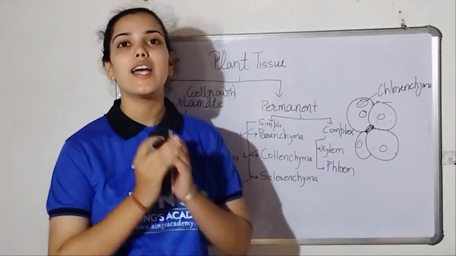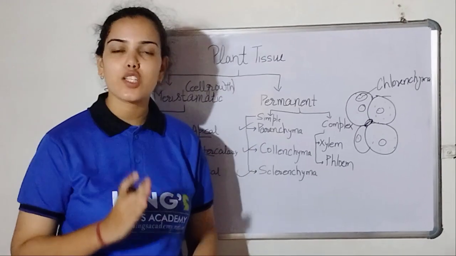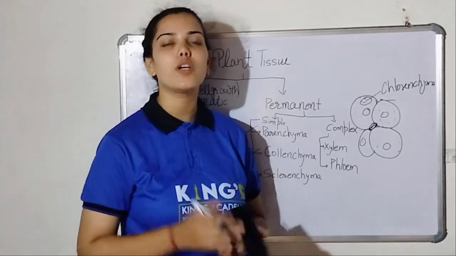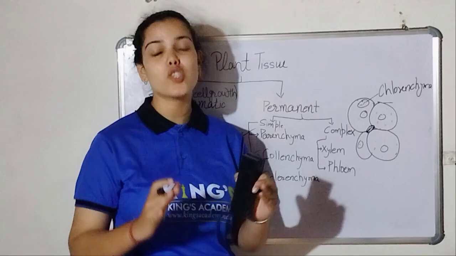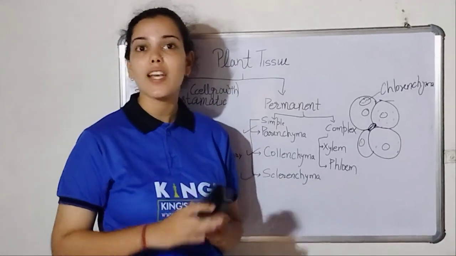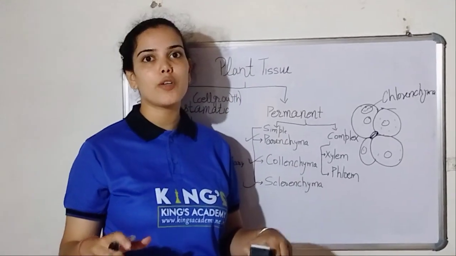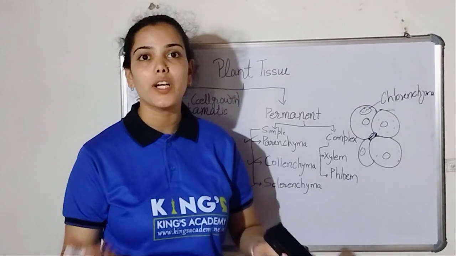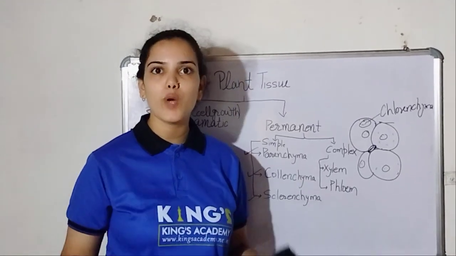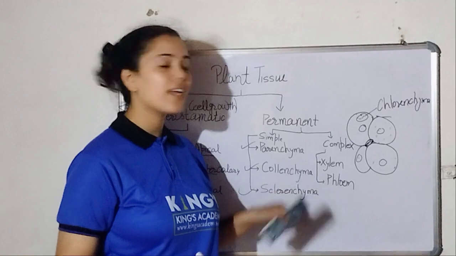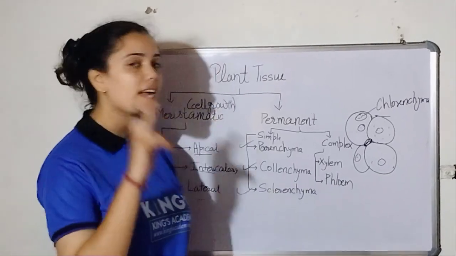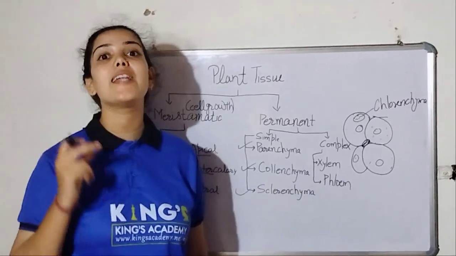Plants that grow in water or marshy areas have very large intercellular space because they need to float. They need this space for their buoyancy.